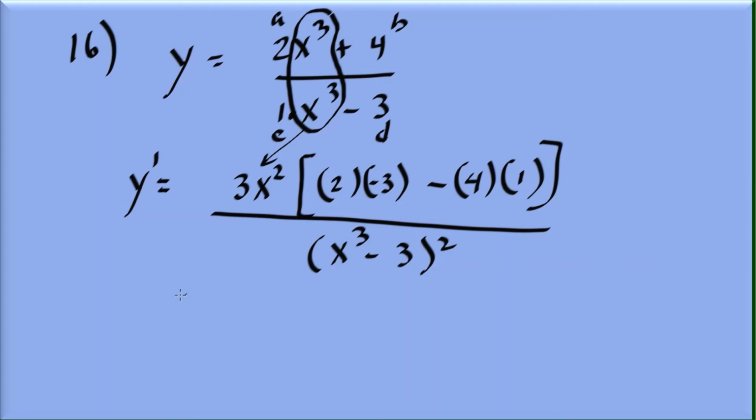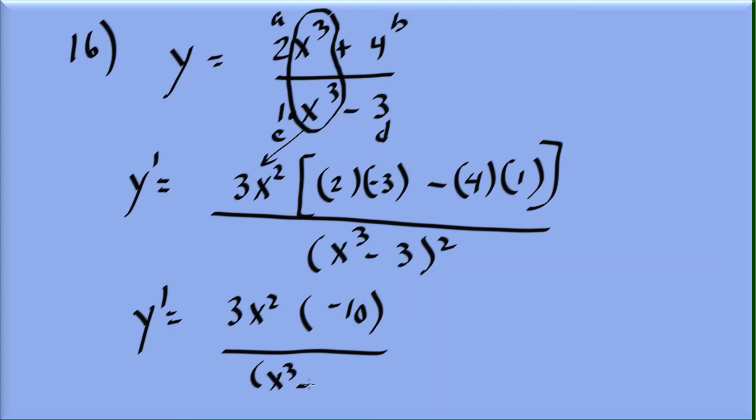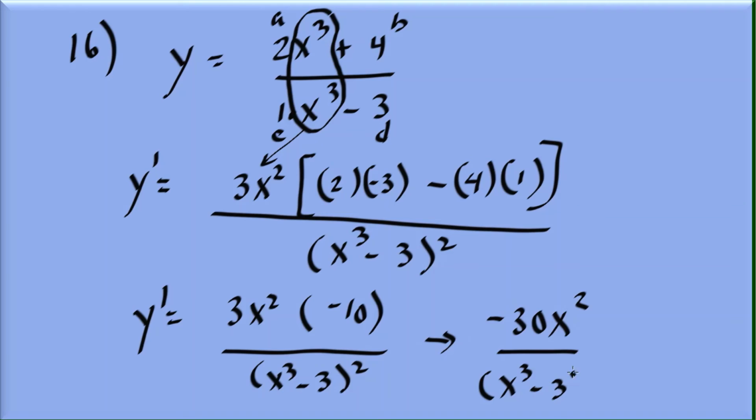Okay? So our y prime is 3x squared times, now negative 6, negative 4 is negative 10 over x cubed minus 3 squared. Simplified to negative 30x squared over x cubed minus 3 squared. Very easy. Okay?